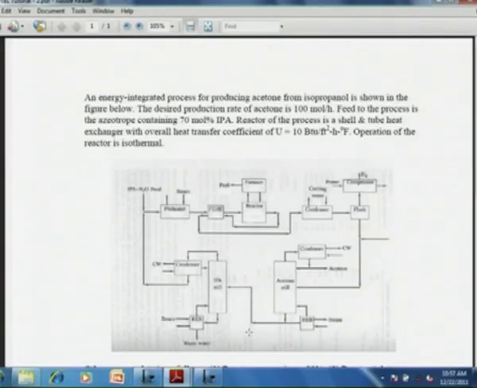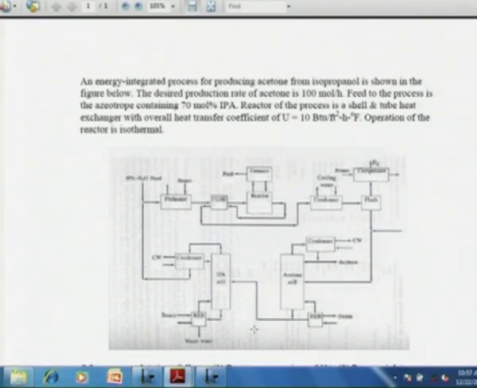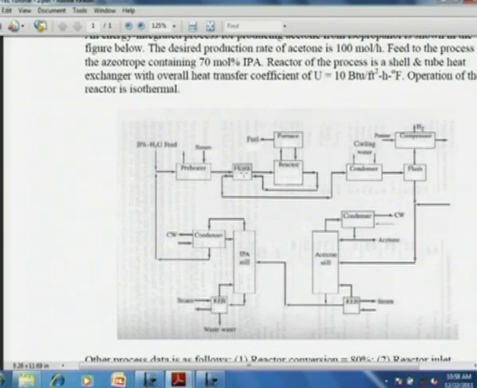The problem statement is on the screen. What we have is an energy integrated process for producing acetone from isopropanol. The flow sheet is on your screen. The feed is the isopropanol azeotrope, IPA water feed, which first goes into a preheater, then it goes into another exchanger, that is FEHE, feed to effluent heat exchanger, then it goes to the reactor.